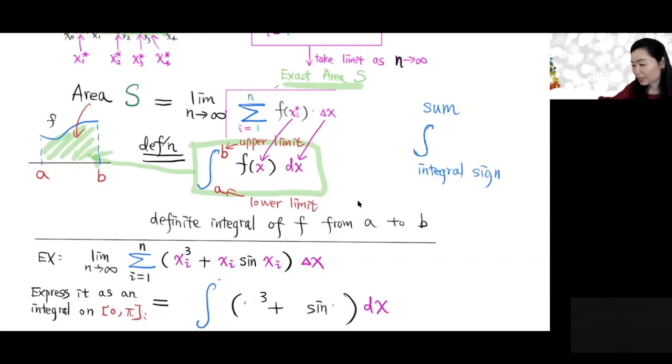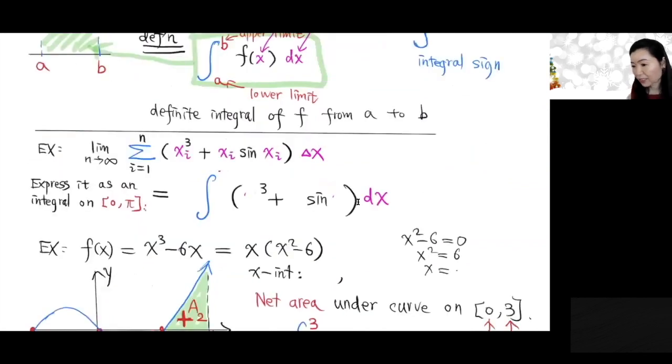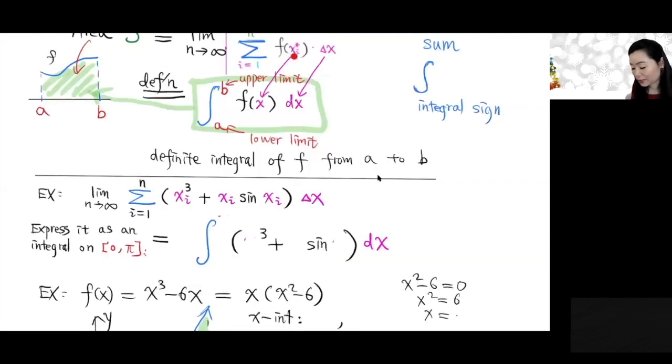Now let's try to practice on this. So I have the limit of this Riemann sum over here. Let's express this as an integral on 0 to pi. So I put the integral sign here. The limit of this Riemann sum is defined to be an integral, and the delta x is replaced by dx. What do we do with the xi over here? Just replace by x.